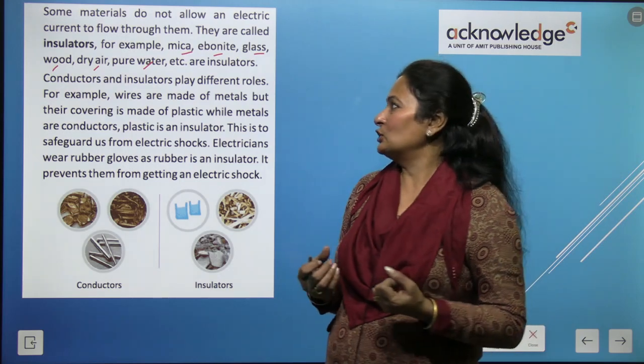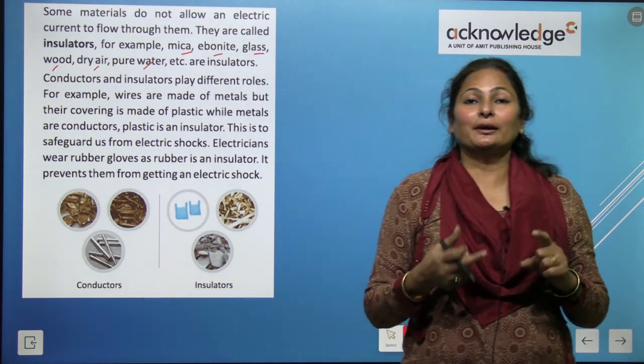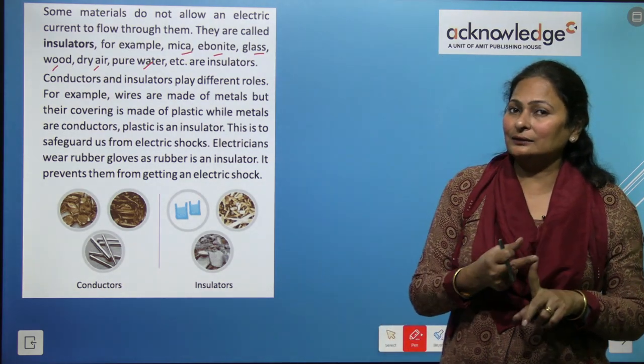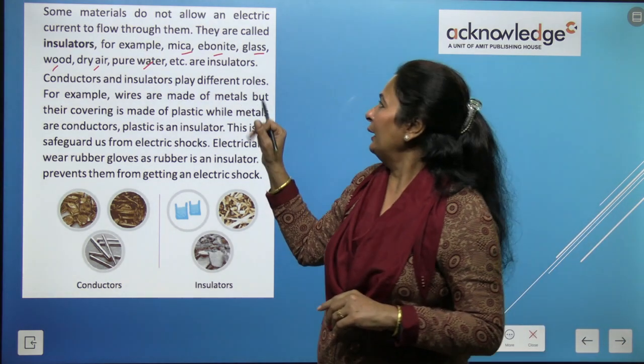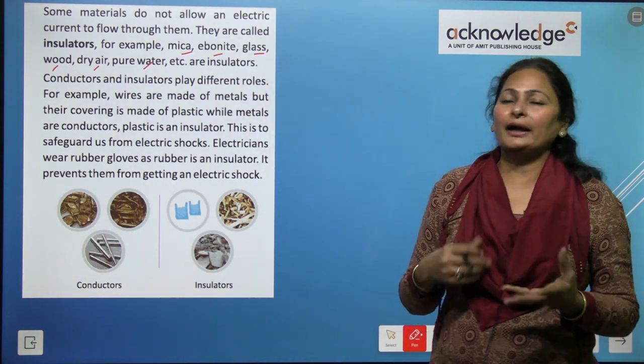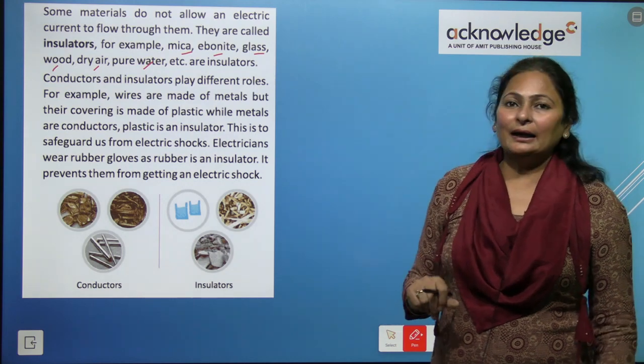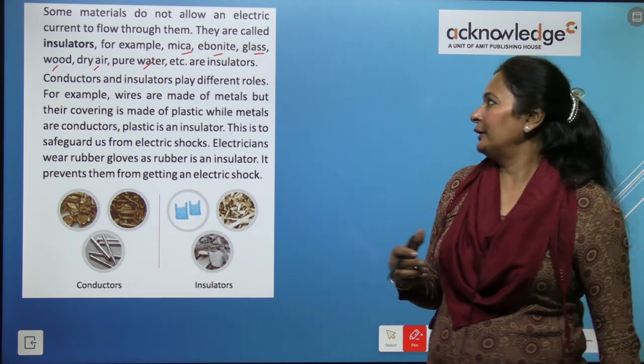Wood is an insulator, dry air is an insulator, but wet air is a conductor of electricity. And wood, glass, ebonite and mica are insulators.